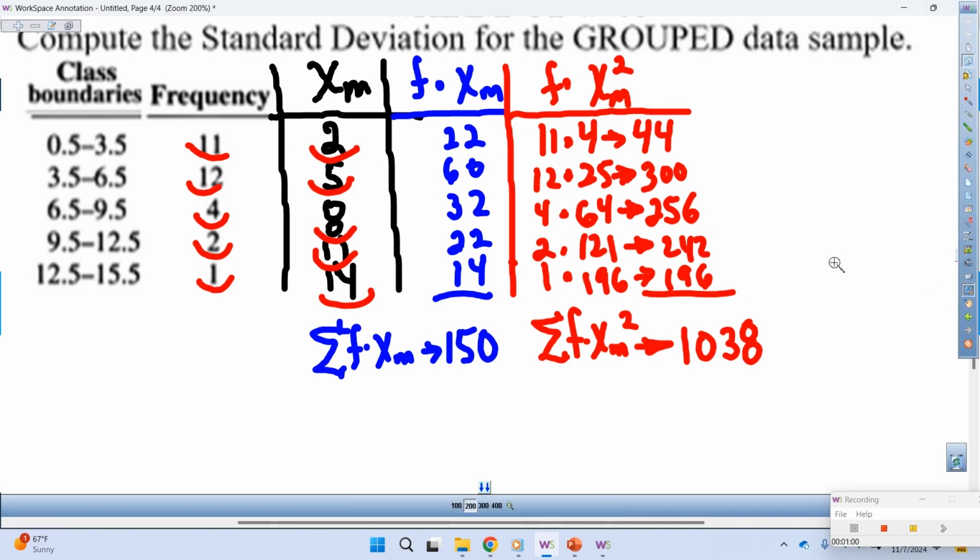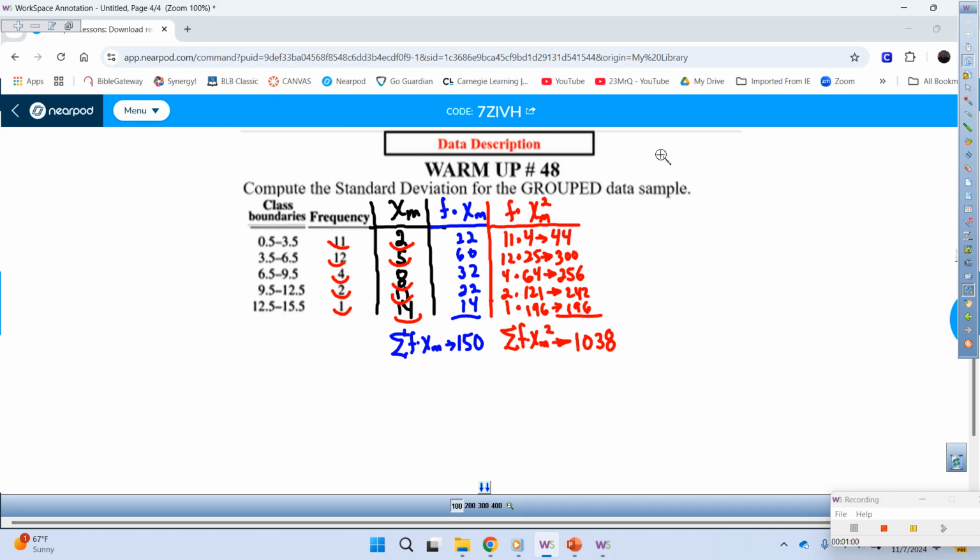All right, so with that said, they're asking us to find the standard deviation of grouped data. So look at the end of your notebook and tell your neighbor which formula we're going to use to find the standard deviation for grouped data sample. Talk with your neighbor. What is our formula?